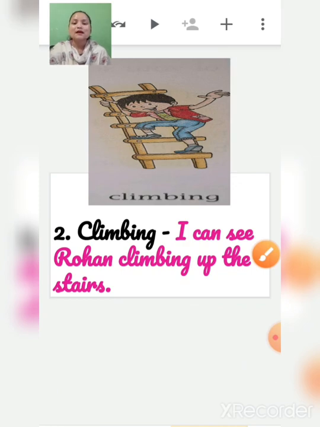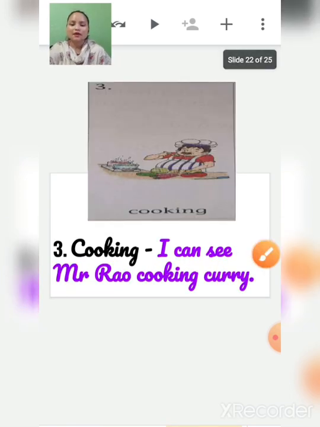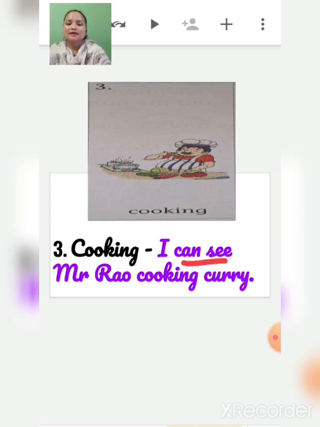Now second is climbing. I can see Rohan climbing up the stairs. Now cooking. I can see Mr. Rao cooking curry.